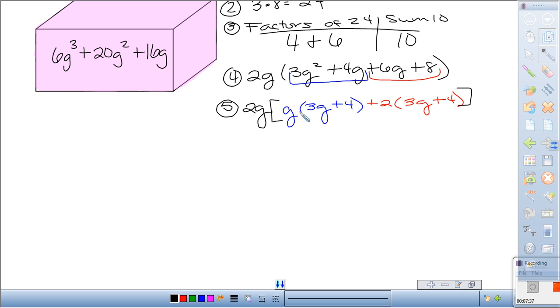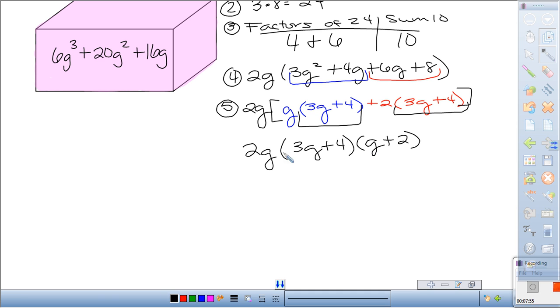And then again, we can pull out this GCF of 3g plus 4 from both of these groups. So then we have 2g times 3g plus 4, which we're pulling out from both these groups. So then what's left? Just g plus 2.